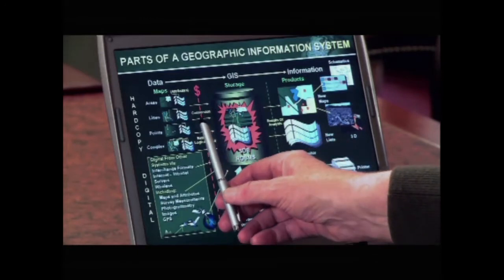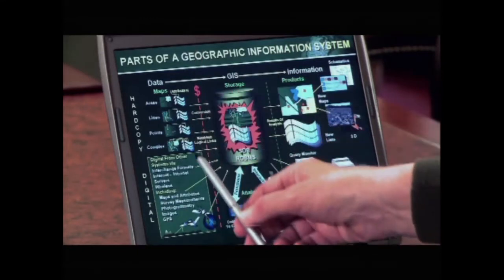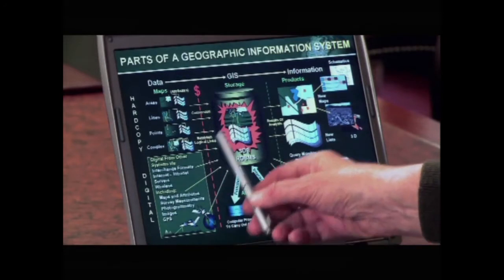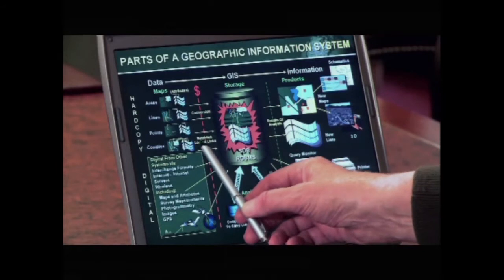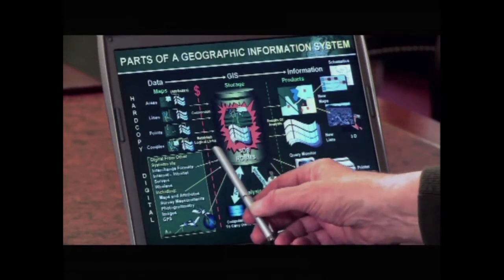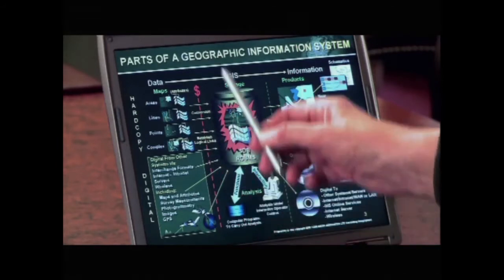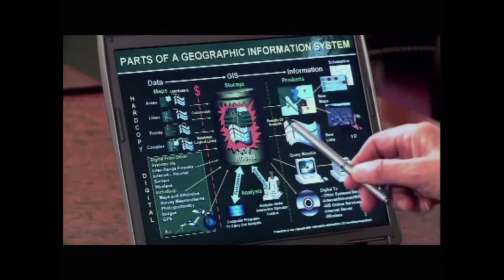Usually you have to convert the data from the form that they are in to the form that your system needs to accept. And you need to establish logical links between data elements in different data sets, because those linkages will be necessary if you are to make the information products that come out.